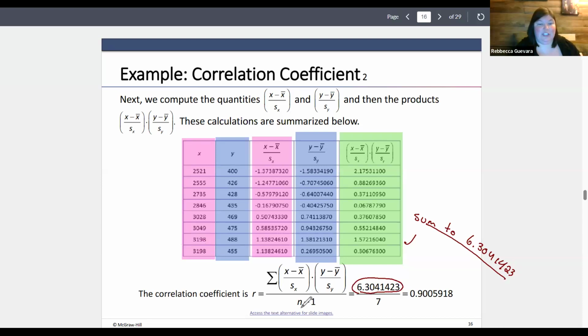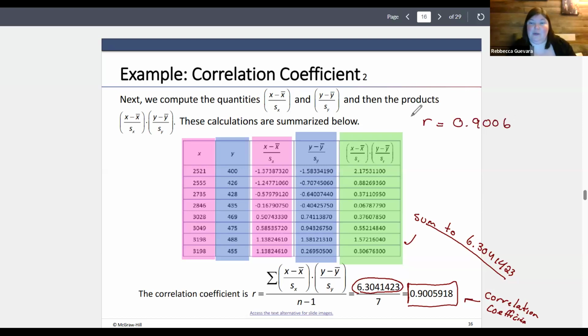And then we had 8 data points, so what I divide by is not 8, but 8 minus 1, so 7. And this here is my correlation coefficient. So my R is 0.9006. We're going to round it for now. So this is very, very close to 1.